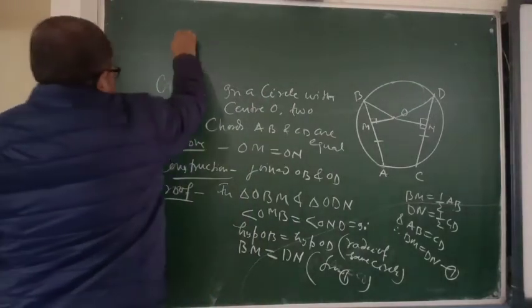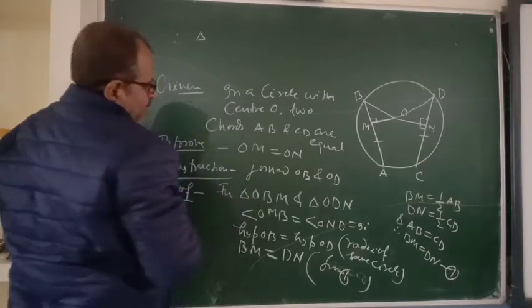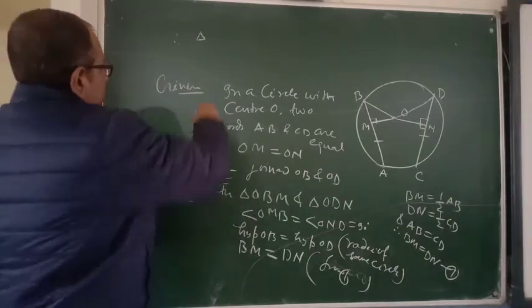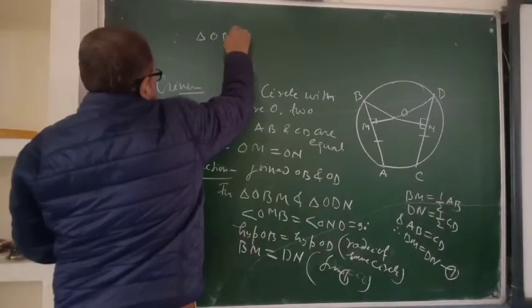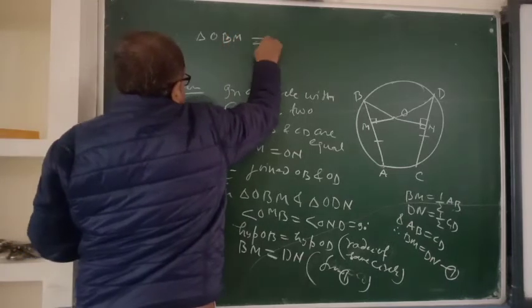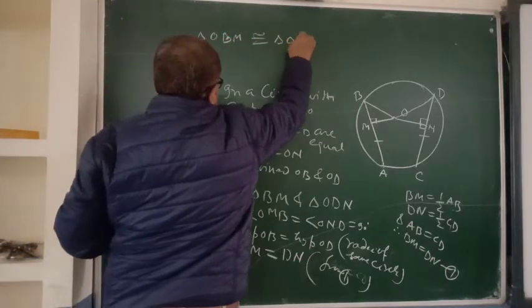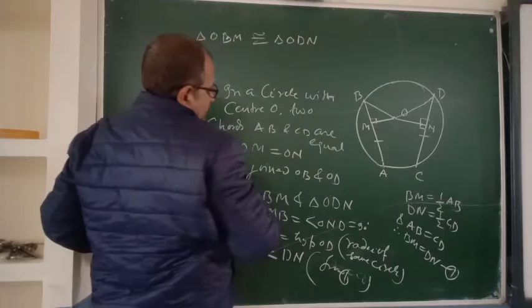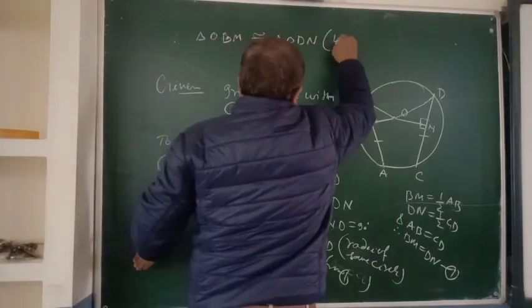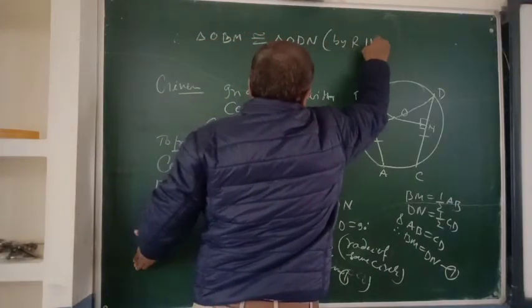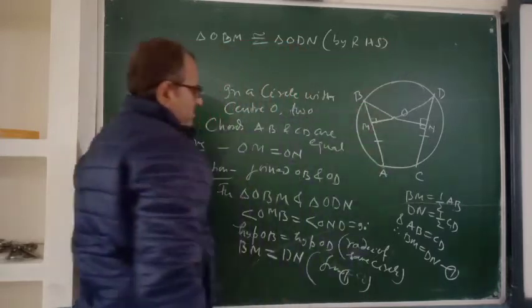So therefore, we can write triangle OBM is congruent to triangle ODN by RHS congruency.